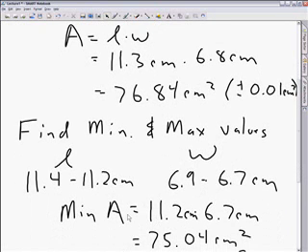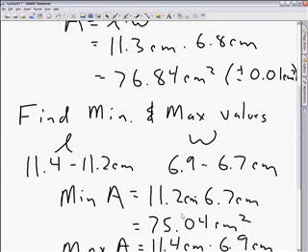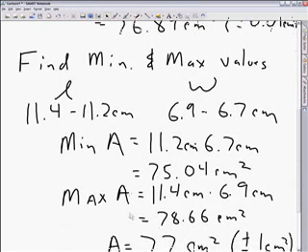So our minimum of A could be 11.2 times 6.7, or the two smallest values, giving us this number. And our maximum value can be 11.4 times 6.9, giving us this number here.